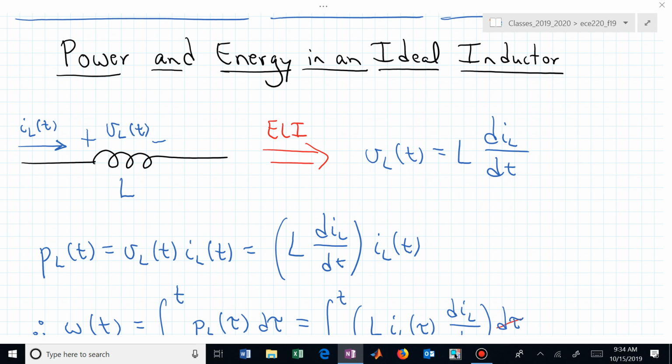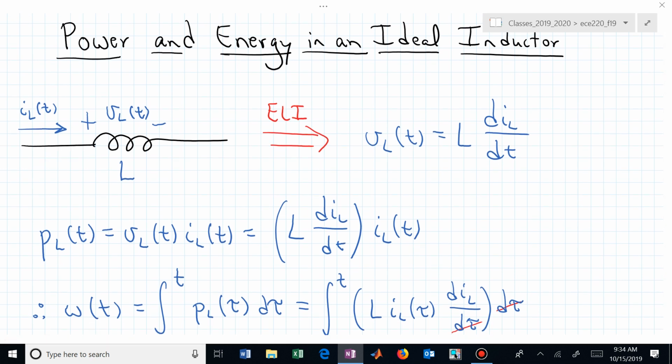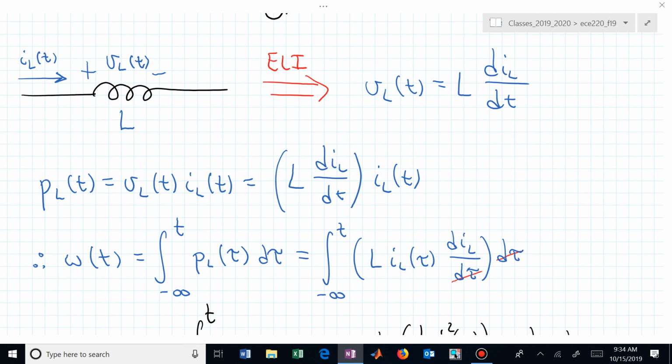Here's our review. We did this at the end of yesterday's class. ELI is our acronym for trying to remember the current voltage relationship of an ideal inductor. We have v equals L di dt. If we know voltage and we know current, then we can find power.